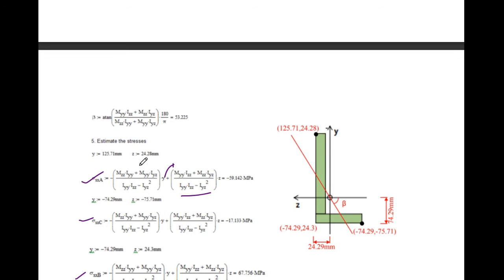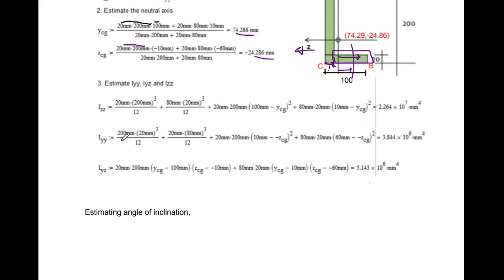For this we need to find Iyy, Iyz and Izz. These three terms we don't know, so we need to find them. That's what we did in this question.